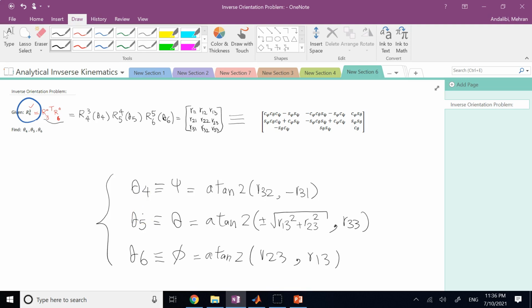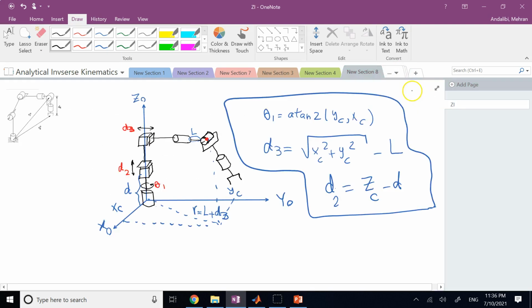Okay, the inverse orientation. And you can do this with any other robot, with the first three joints being different. So the first three joints are not necessarily rotary joints, right? For example, like here, if I have this cylindrical robot with the spherical wrist, right?